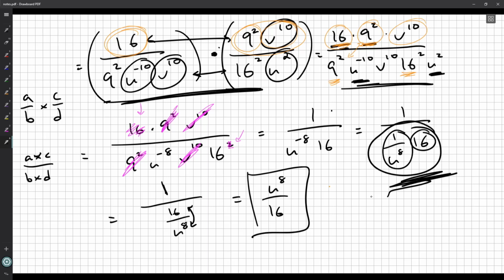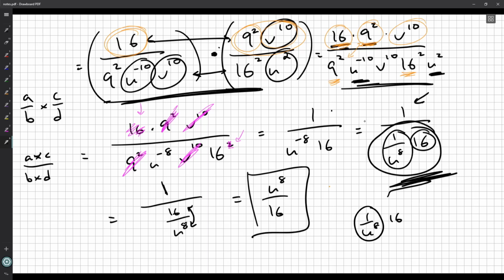So let's rewrite this a little bit. I'm going to ignore the 1 on top if that's okay with you. We're just going to deal with this part here: the 1 over u to the 8 times 16. So how do you do this? Well, you've got to combine fractions, right? Except it looks like we only have one fraction. 16 is not a fraction, it's a whole number.